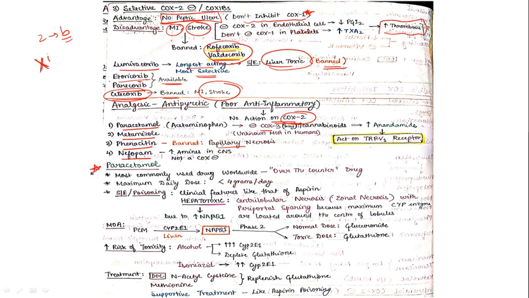Now coming to paracetamol, which is the most widely used drug. It is the most commonly used drug worldwide, and it is an over-the-counter drug. Maximum daily dose must be less than 4 grams per day, and for side effects, or we say poisoning, the clinical features are the same as we have discussed in aspirin. It is also hepatotoxic. Basically it causes centrilobular necrosis. This is a very important one.